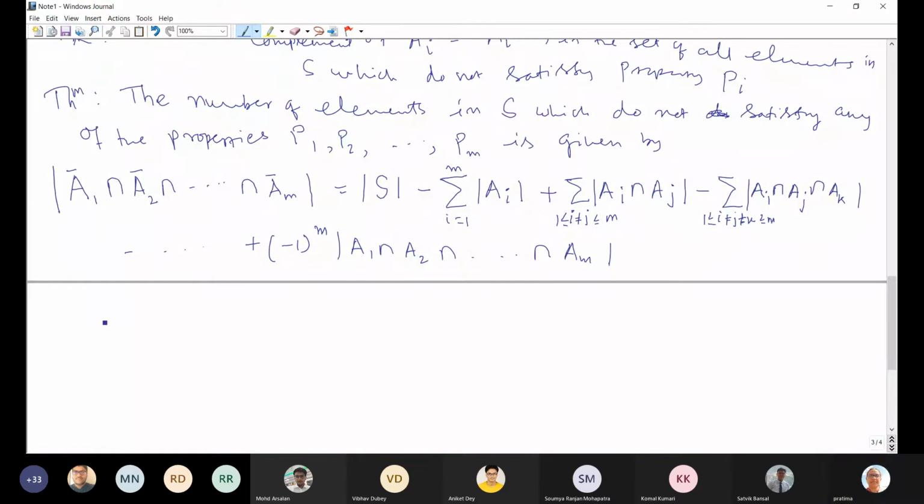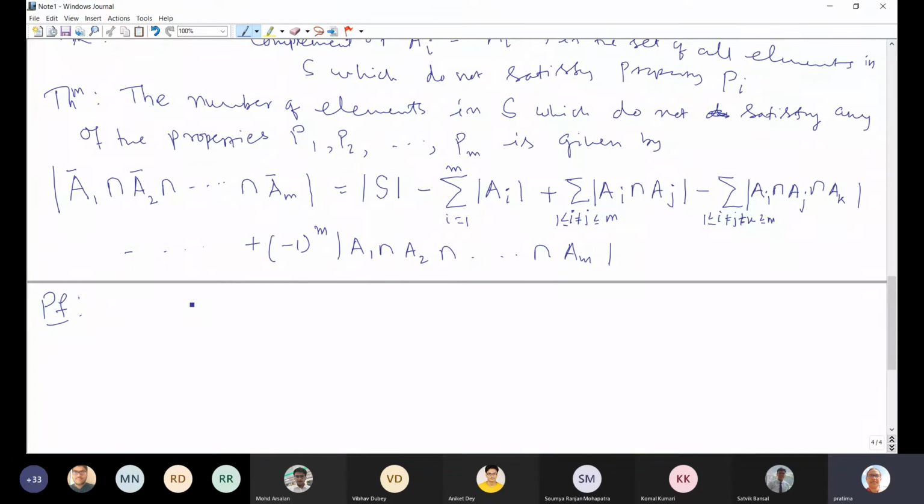Then what about the proof? You understand this sum, no? This is the sum over all possible pairs, and this is over all possible triplets. Okay, fine. I can give a proof of this quickly also. Why is this true? I'll give a simple proof.